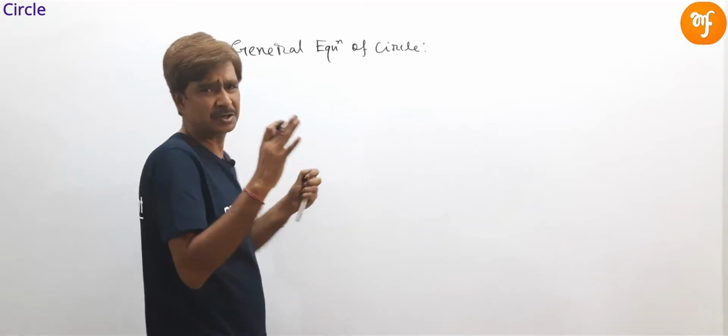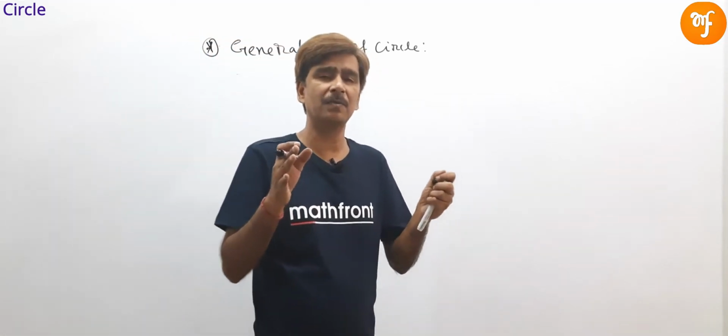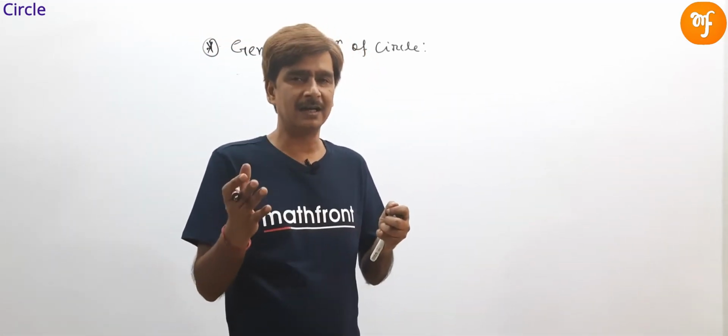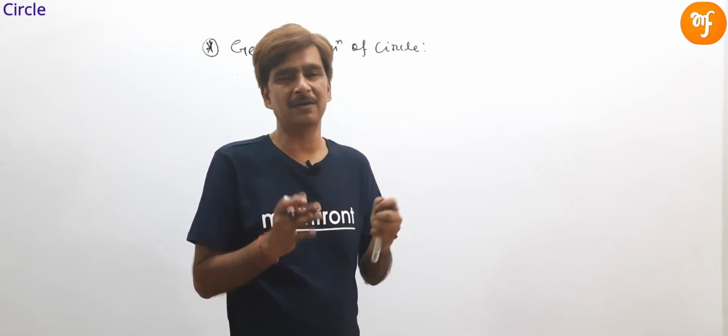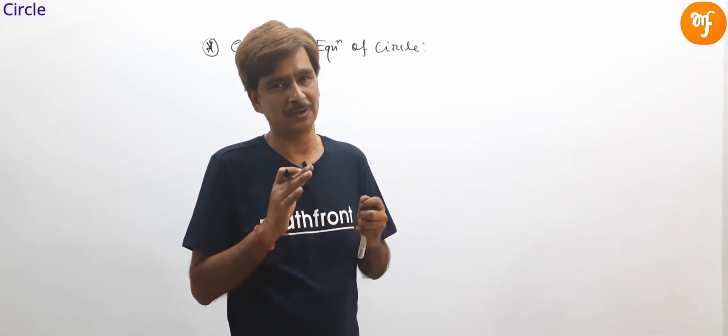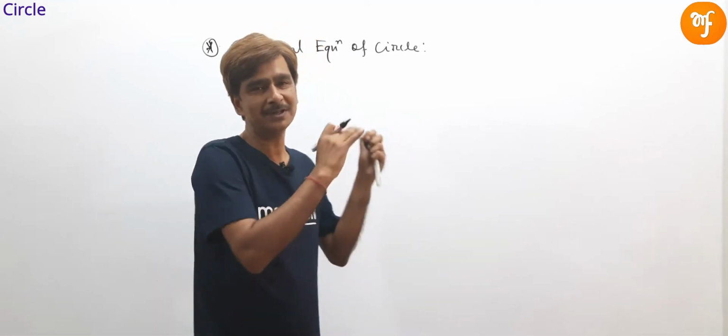We all know the equation of the circle whose center is at alpha comma beta and radius is r can be written as x minus alpha whole square plus y minus beta whole square is equal to r square. From here, we will start our discussion.